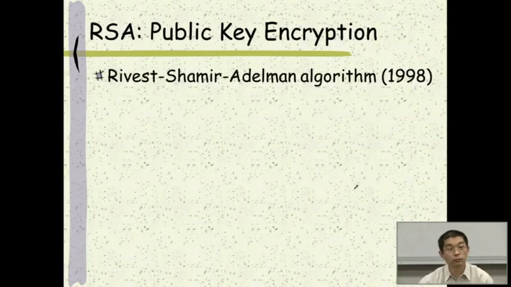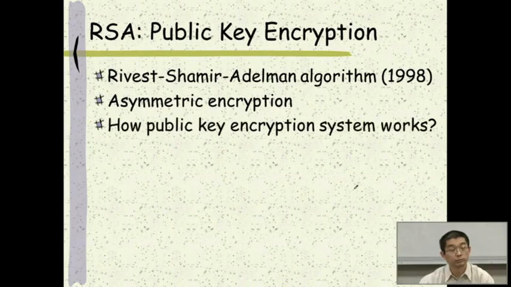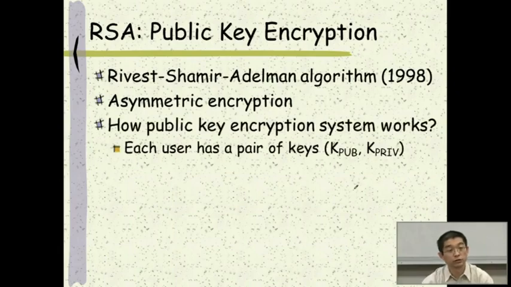The second example is a public key encryption scheme called RSA, which is named after its 3 inventors. This is an asymmetric encryption scheme, which means the encryption key and the decryption key are different. In this protocol, each user has a pair of keys, a public key and a private key.